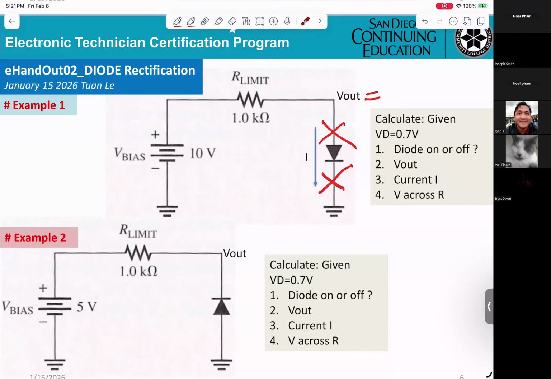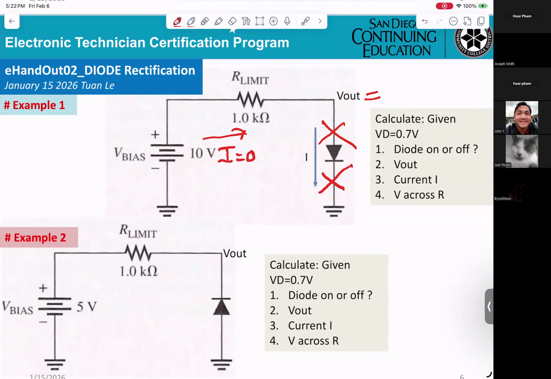Now I can tell you the current flowing this way, right? When you say no diode, I equals 0, open circuit. Exactly. Open circuit means current cannot flow, so no current flows through the 1 kilo ohm.